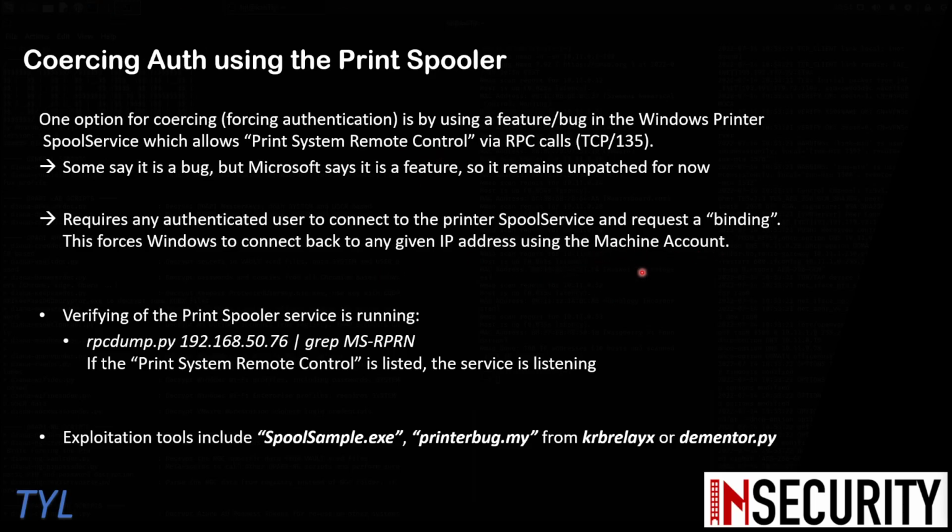So in other words, we will actually ask a Windows system to authenticate to my own IP address, which means that responder doesn't even have to respond to broadcast messages because there will not be any. It will go directly to my Kali machine, my hacking machine, and it will do so using the machine account.